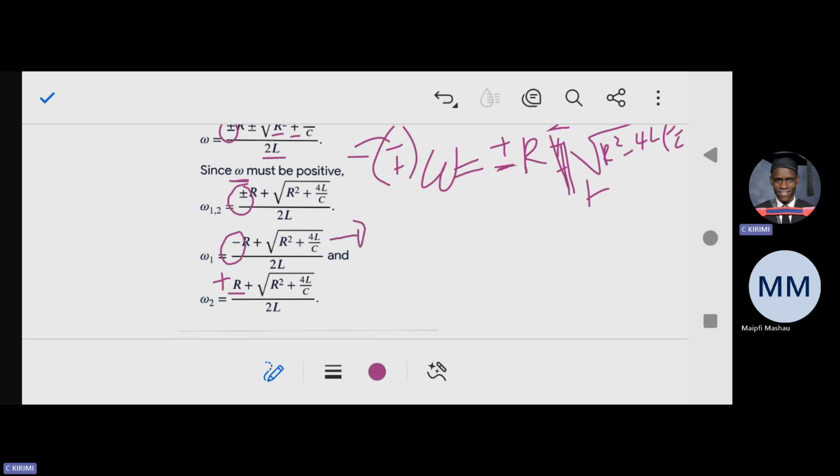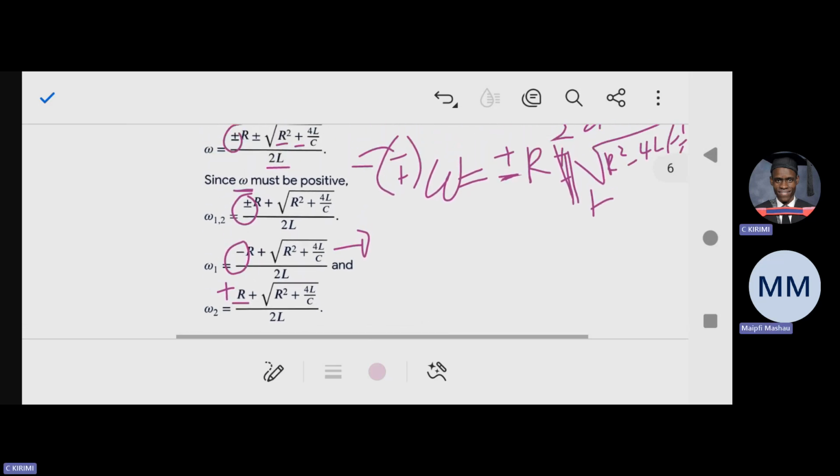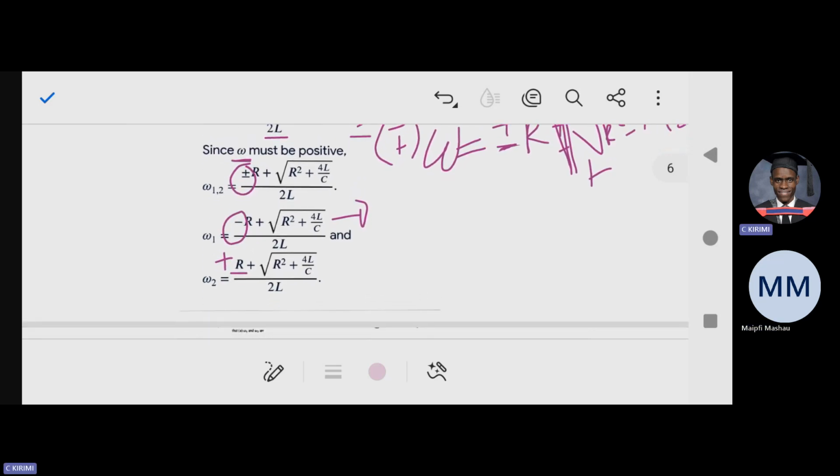Here I have R, and already I have R squared, so there's no way it's going to be negative. So from here, you are done. You have your W1 and W2. Can you see how we got W1 and W2? These are the roots of the equation.